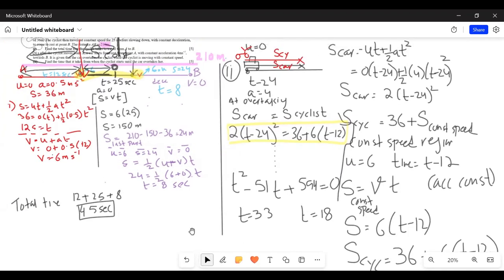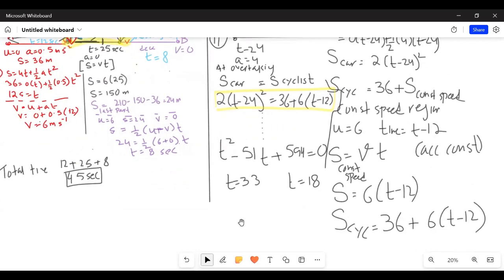Let's see. Okay. It can't be 18 because we have used T minus 24 in the question.